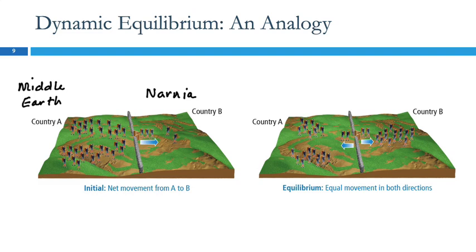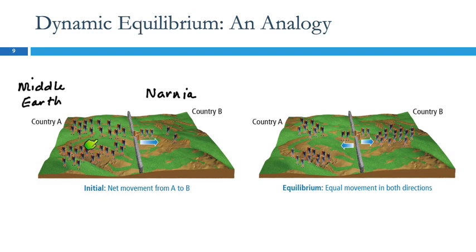They maybe got into copyright issues or something, who knows? So initially, there's a lot of people living in Middle Earth. There's very few people in Narnia. And so, people are curious, and some of them are going to go over here, and they're going to say, oh, hey, there's a lot of space over here. It's kind of crowded where I was living. I think I'm going to move over here. It looks pretty nice over here.